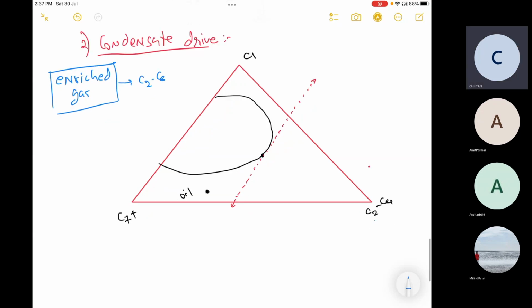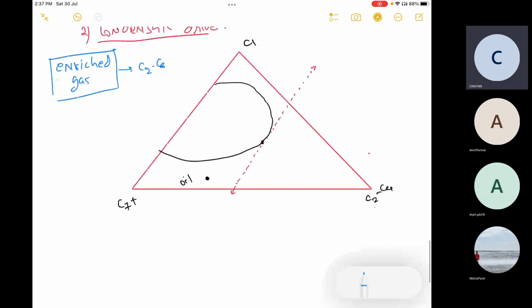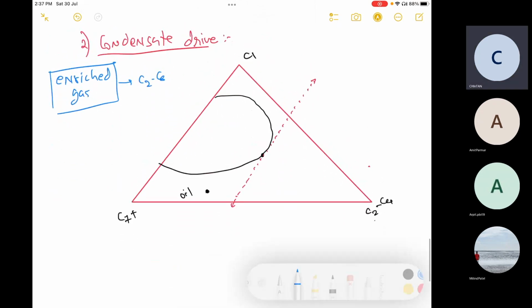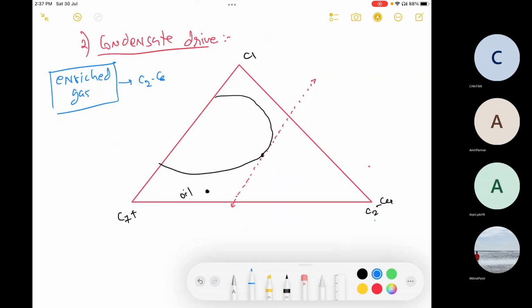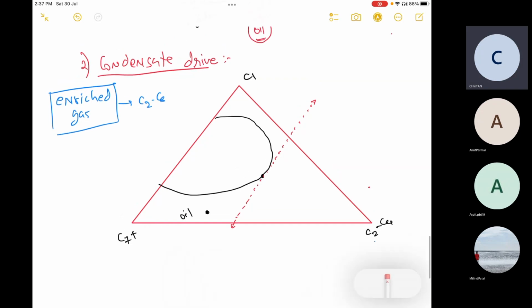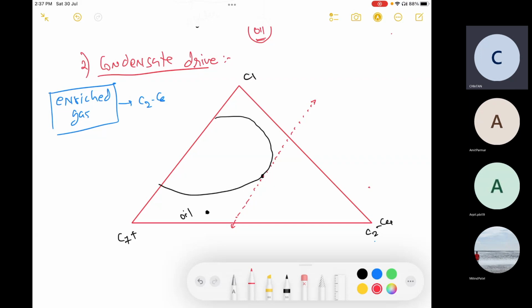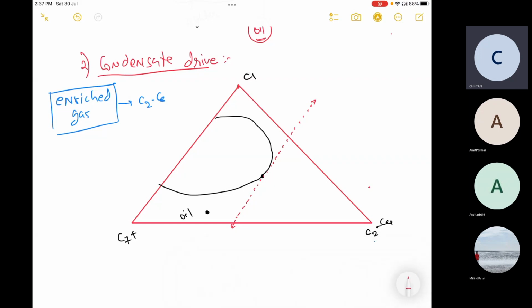So in this case, let's suppose this is my oil. In the last case the gas was C1, but this time I'm using this one.